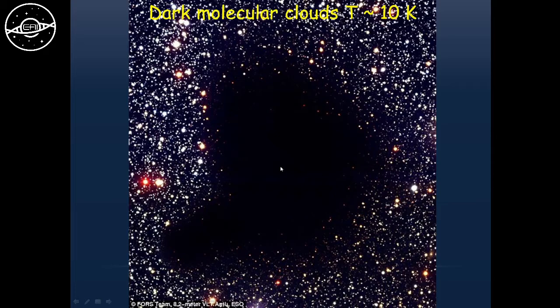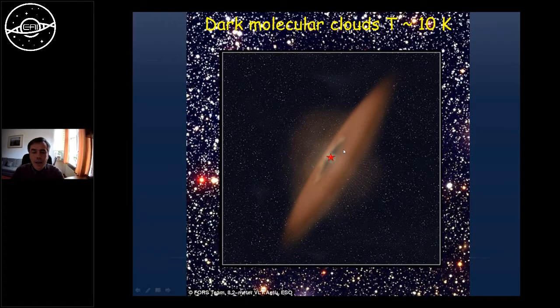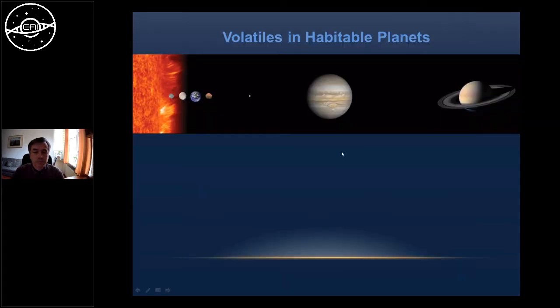This object is very important because exactly here new stars are formed. And when a new star is formed, it accretes all the dust present in the close vicinity, and a protoplanetary disk is formed. And this disk would further develop, and we have the formation of a planetary system.